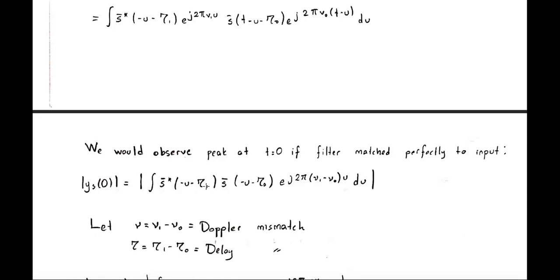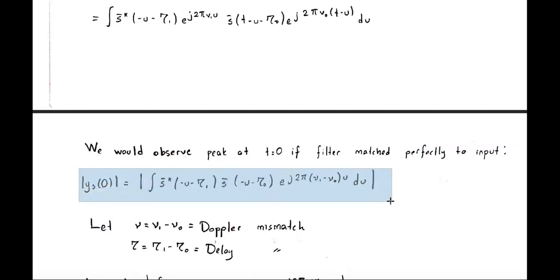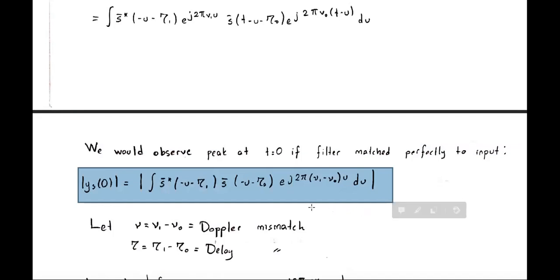Okay, so here what we have is the output of the match filtering evaluated at 0, and we're looking at its magnitude, and we said that we're going to arrive at this relation. Now, note that if you're using a single match filter, we don't know the range and velocity of the target.